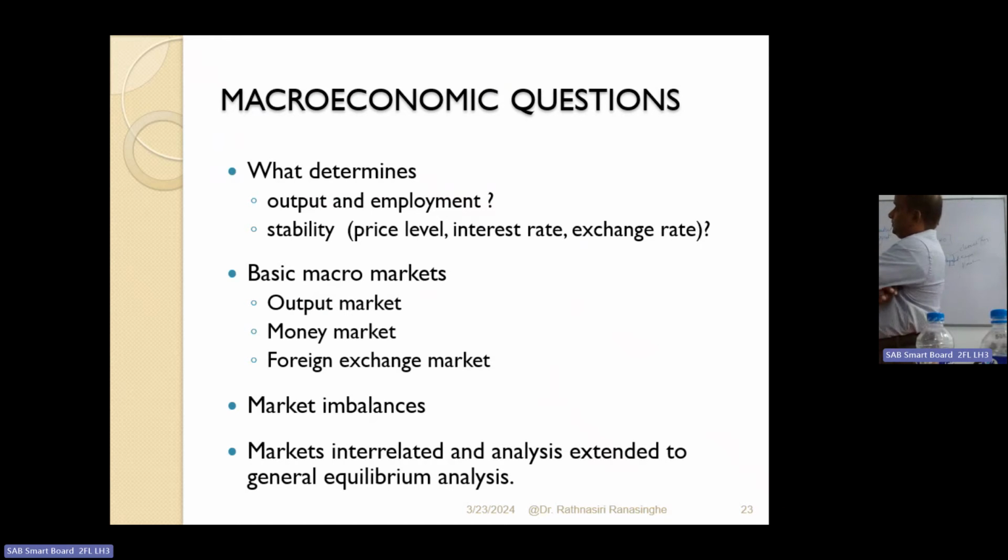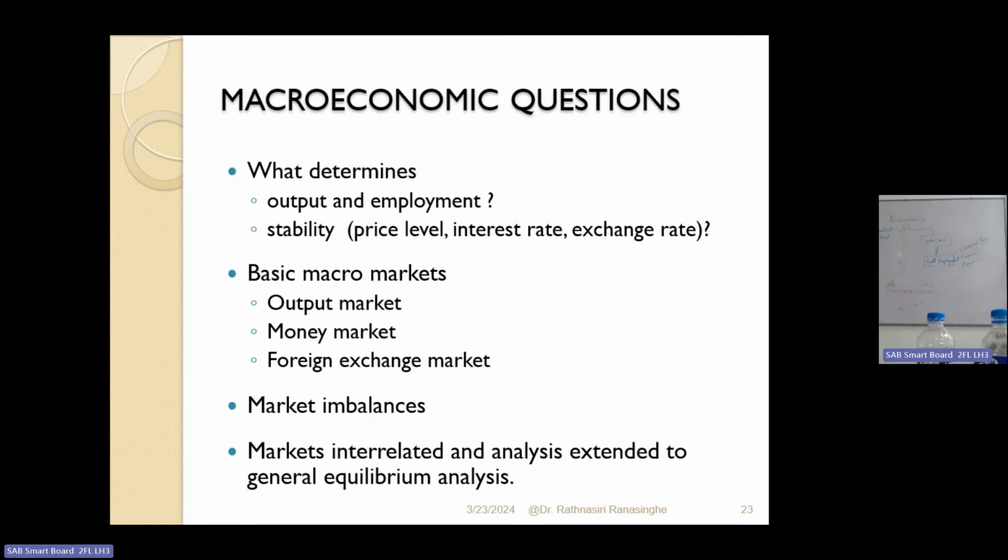So we need to look at the different markets as well. In macroeconomics, we have to look at the different markets. The markets we identify are the goods market, the money market, and the foreign exchange market, right?